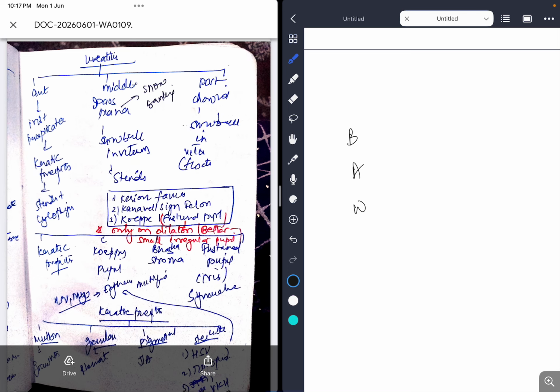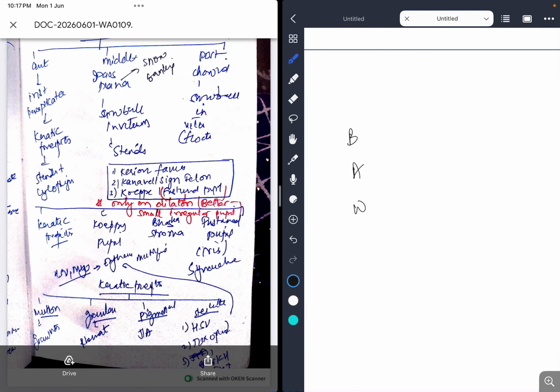So there are keratic precipitates, and also remember that on the pupil there are Koeppe nodules. Festooned pupil is seen when you give a mydriatic agent and dilate the pupil, and you find adhesions.